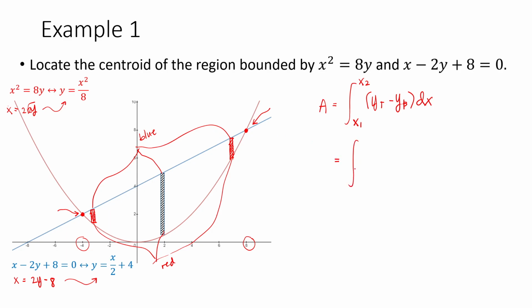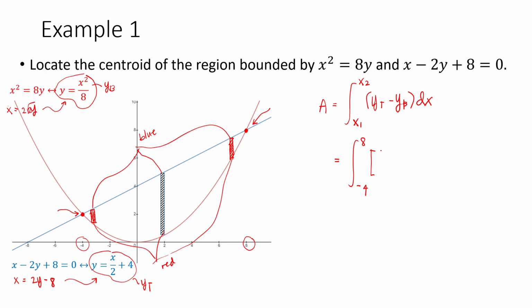Okay, so the limits of integration is from -4 going to 8. And then y top again is the blue graph, so this is the equation for y top. And this will be the equation for y bottom, that will be the red graph.